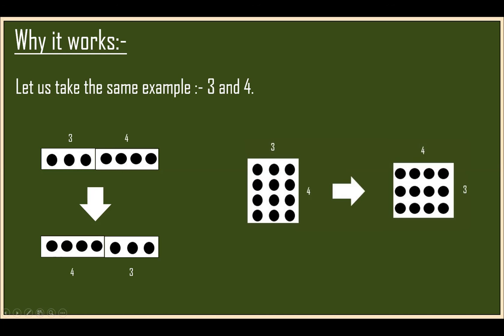But if you put the 4 dots one first and the 3 dots one last, it is 4 plus 3, and it is still 7. So when you are adding two numbers, A plus B can also be written as B plus A.